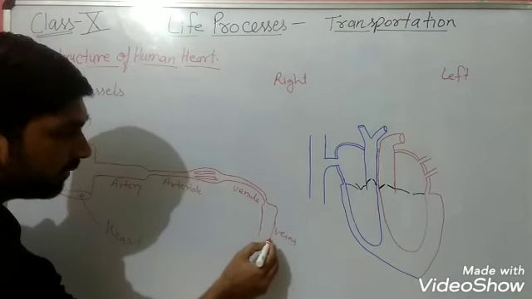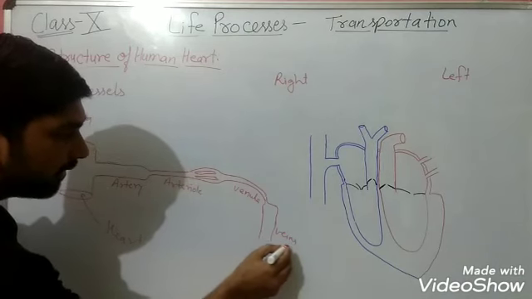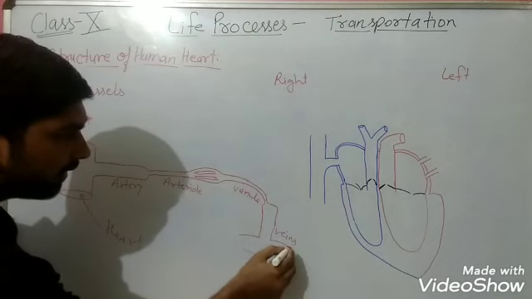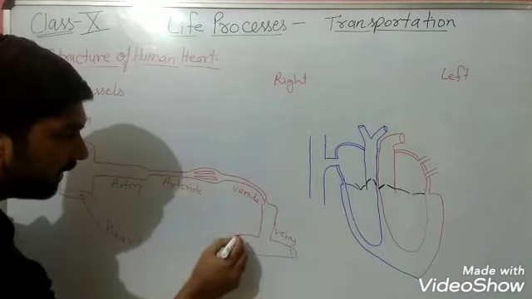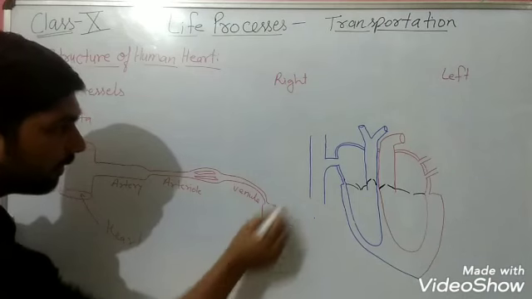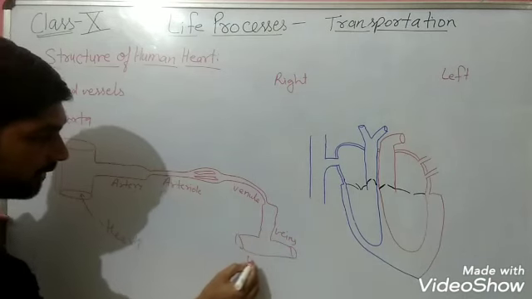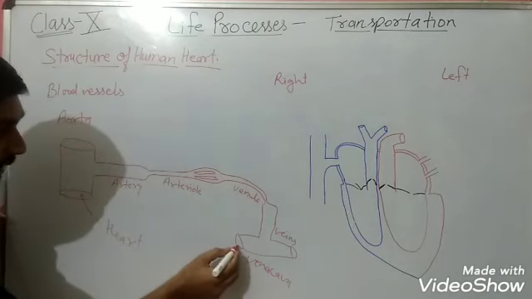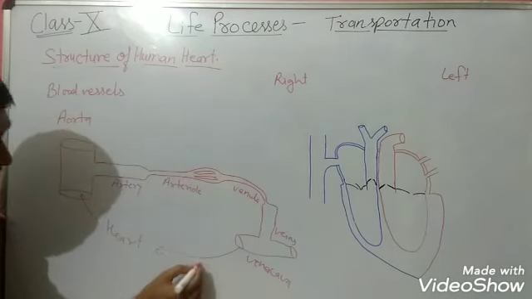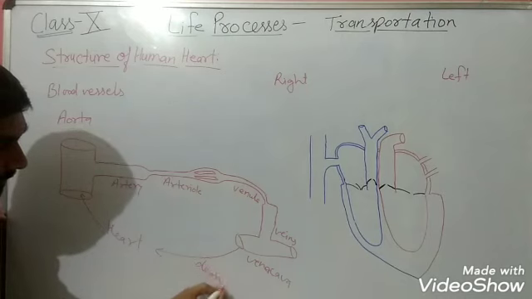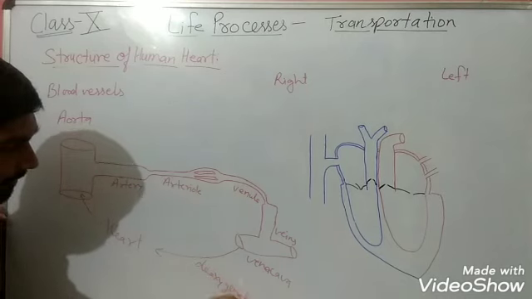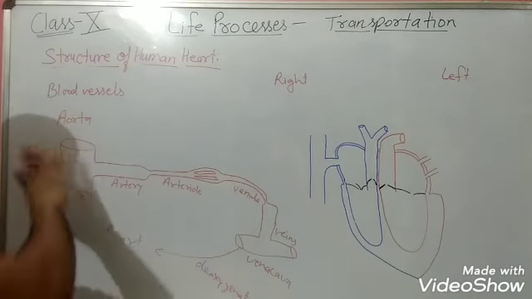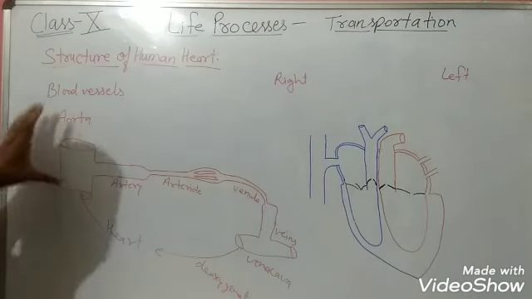And finally these veins are going to collect into the much broader blood vessel that is known as what? Vena cava. So this is the vena cava, and it is going to provide deoxygenated blood to the heart, and from the heart oxygenated blood is going out through the aorta.